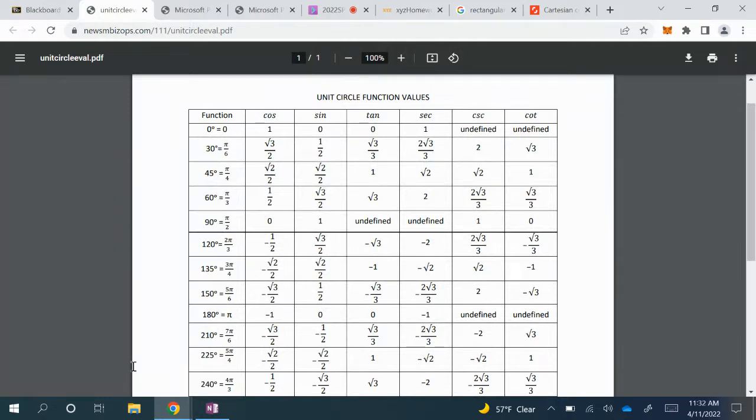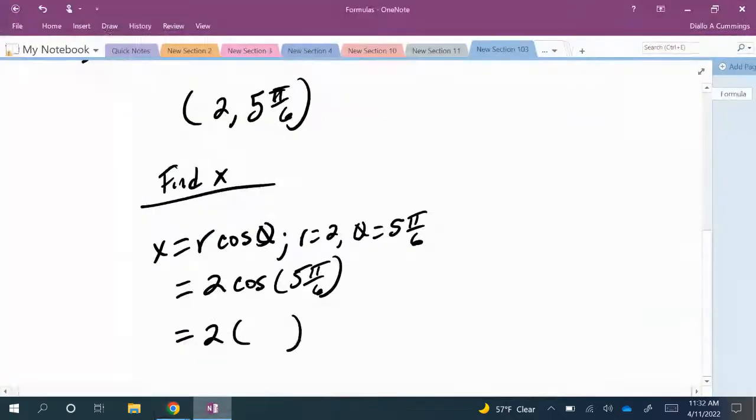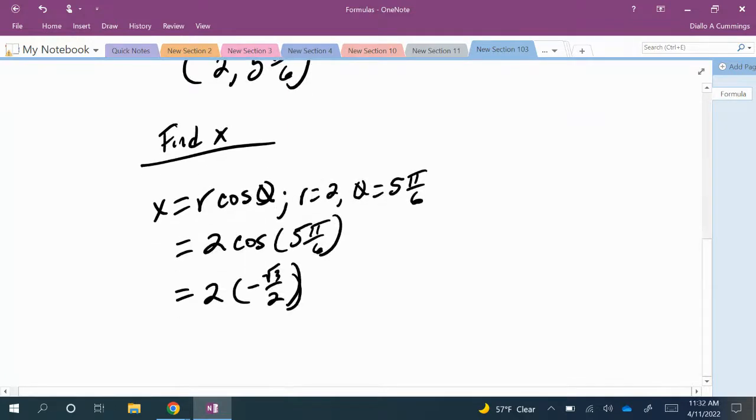I can also find the cosine value of negative square root of 3 over 2 by using this function values chart. So I'm going to go back and substitute negative square root of 3 over 2. The 2's are going to cancel, so we have the x coordinate as negative square root of 3.